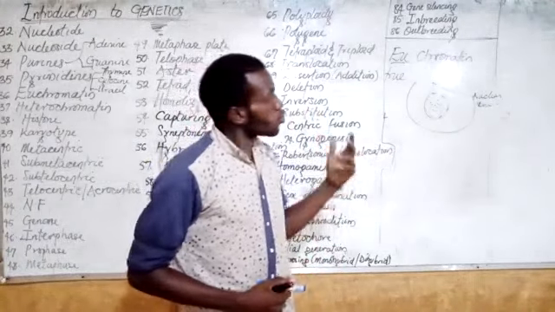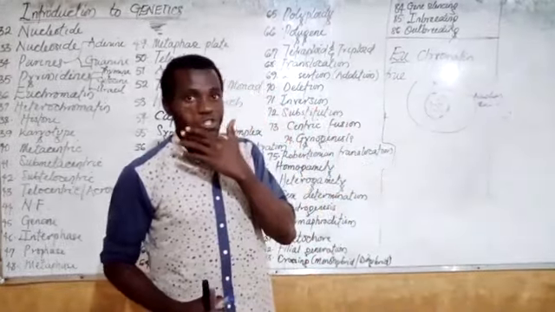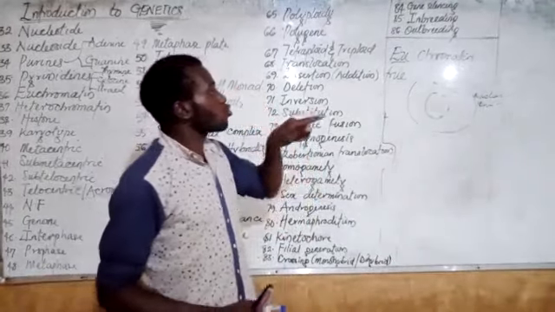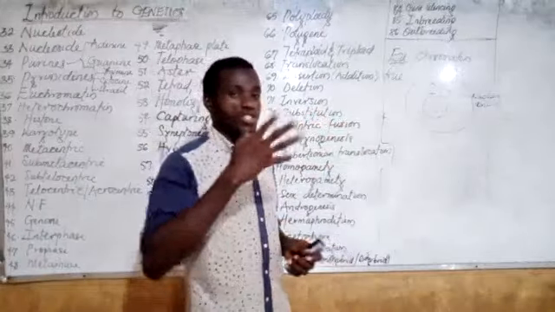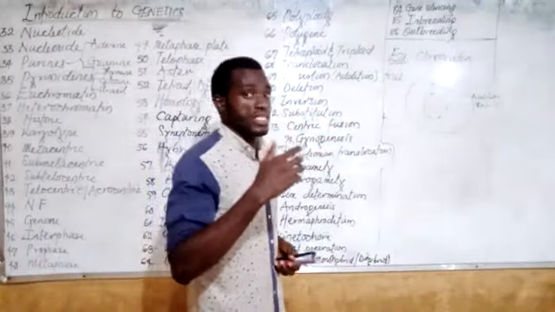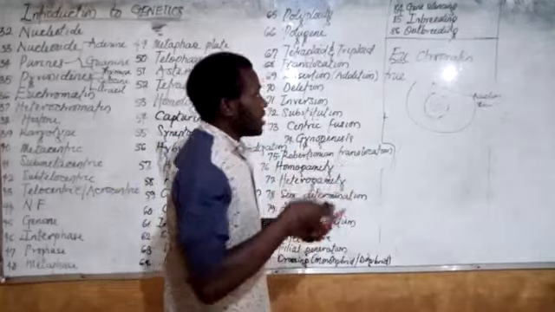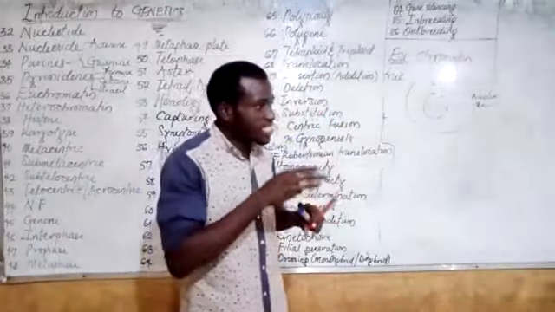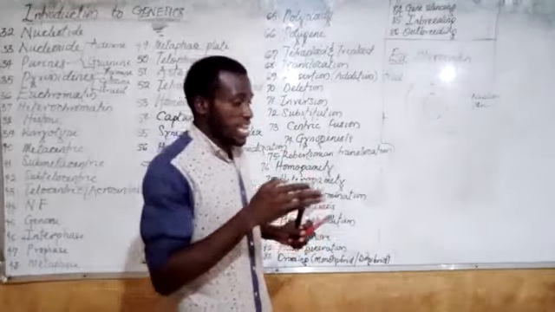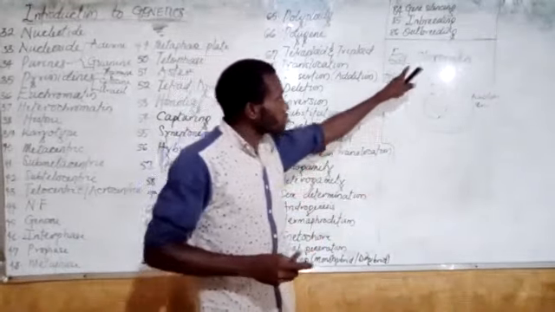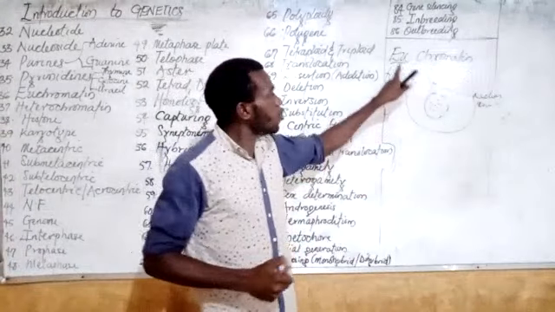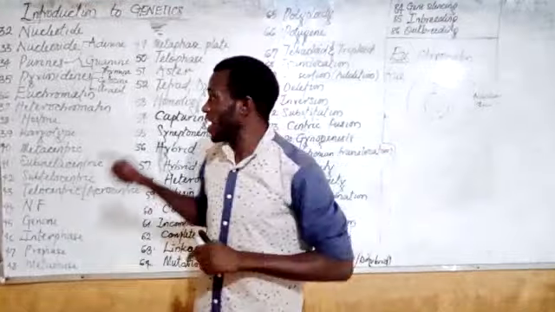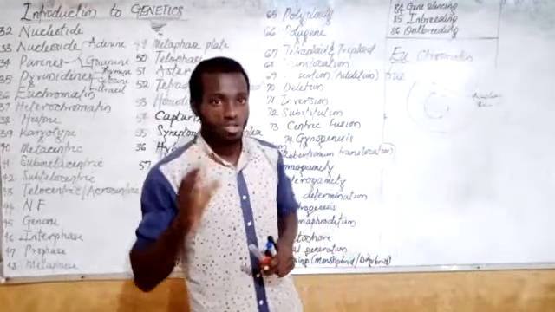So euchromatin are transcriptionally active because the enzyme that comes to open up that double-helix structure of DNA that I talked about in DNA replication is able to access the chromatin such that the RNA is able to transcribe whatever is in the DNA. So if it's transcribable, then it is euchromatin. While the heterochromatin is not transcribable.